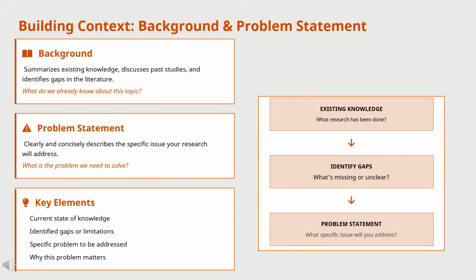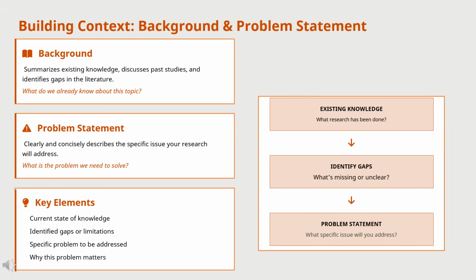Some of the key elements of a good problem statement is that it must entail the current state of knowledge, and must identify gaps or limitations. Then it must specify the problem to be addressed and why this problem actually matters. For instance, when you follow this flowchart, from the existing knowledge, you need to tell us what is known in the field, that is, what research has been conducted.